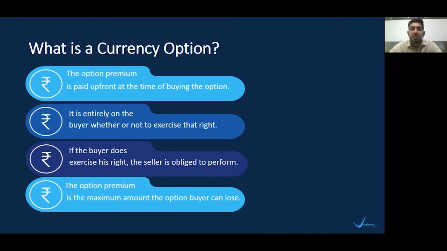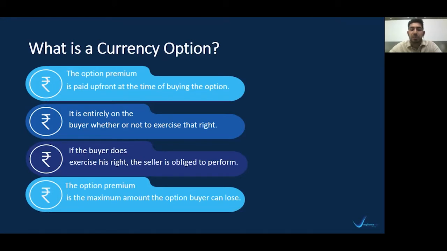And since it is an option contract, the option buyer has a right to exercise or not exercise the currency option at the time of maturity, depending on whether the market conditions are favorable or unfavorable at the time of maturity. If the option buyer chooses to exercise his right, the option seller will be obliged to perform as specified while entering into the contract.